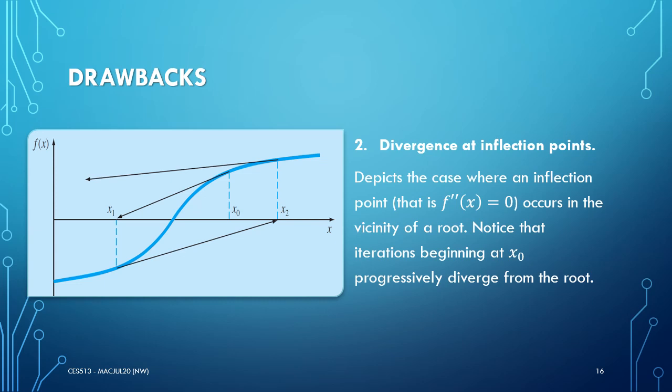So here, the point of this change actually occurs near the actual root. Notice that the iteration that begins with x naught follows with the next estimated root x1, and then the next one is x2, and it's actually moving away from the true root. That's why we call it diverging from the actual value of the root.